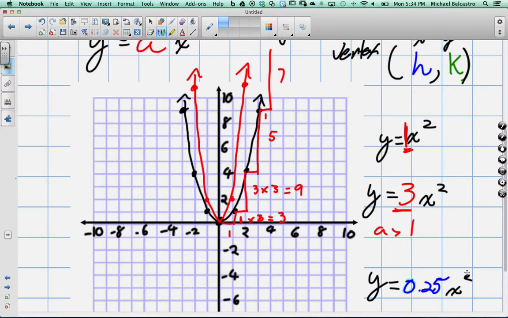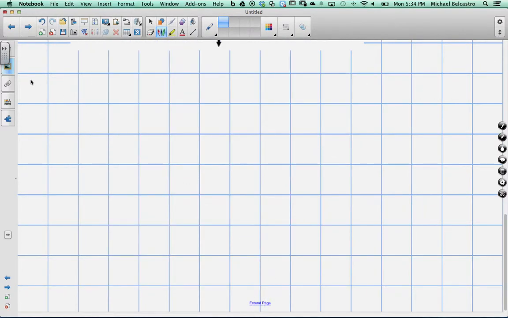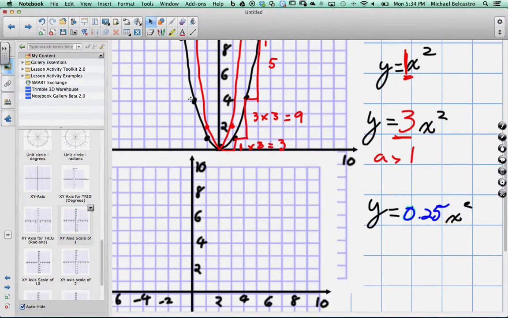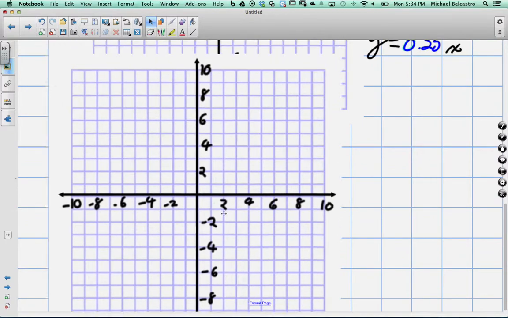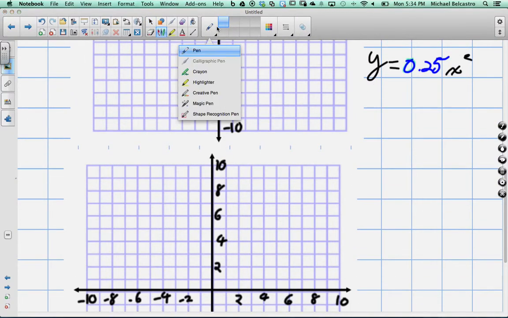X squared. Well, we take the same step pattern, okay? And I'm going to bring out another graph just so it's a little cleaner to look at. Another graph. This time, because remember our step pattern, the vertex is still at 0, okay?